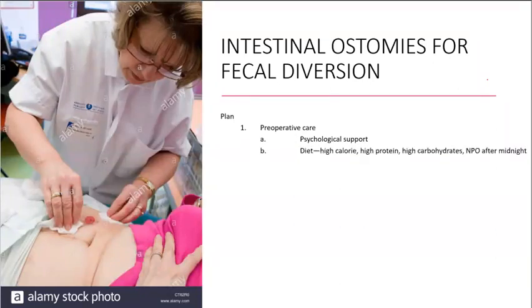We want to place them on a high calorie, high protein, high carbohydrate, low residue diet at least a week before. And then we'll need to place them nil per oral after midnight on the day of the planned surgery. We'll want to place a tube prior to surgery, maybe a nasogastric tube or an intestinal tube.